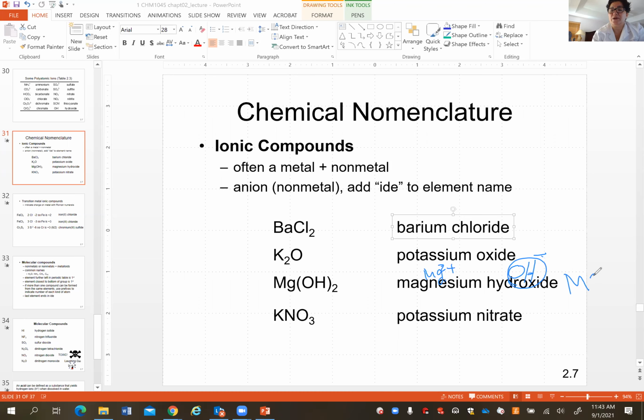So if you write MgOH2, this would be wrong, because this 2 only applies to the hydrogen and not the oxygen. Hydrogen doesn't have the 1- charge. OH has the 1- charge. So you need the charge from the OH to be doubled, so you would write Mg(OH)2.